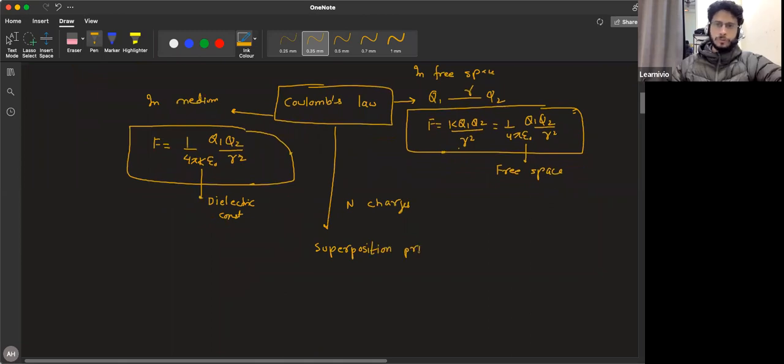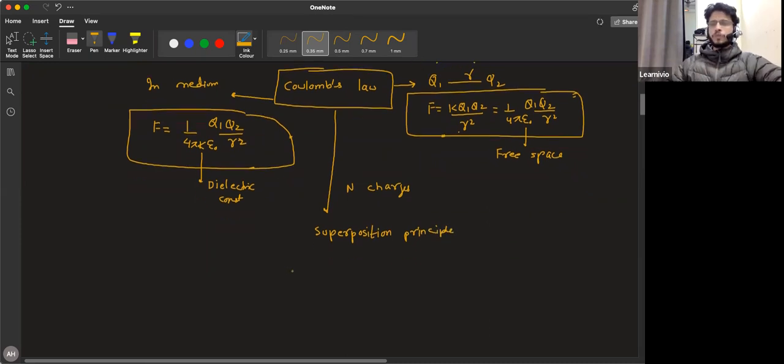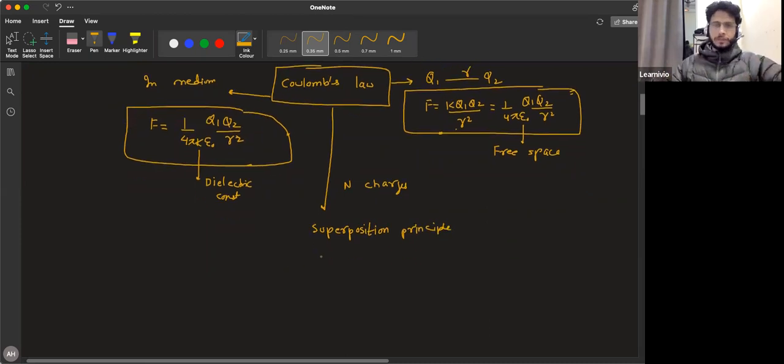The superposition principle says if you have more than two charges, let's say you have a system having a charge Q naught, a charge Q1, a charge Q2, up to a charge Qn, and let's say all the charges are positive, then each charge will exert some force on Q naught. This is the force on Q naught due to the first charge, due to the second charge, and due to the nth charge.